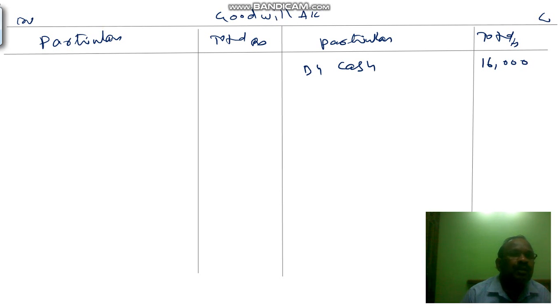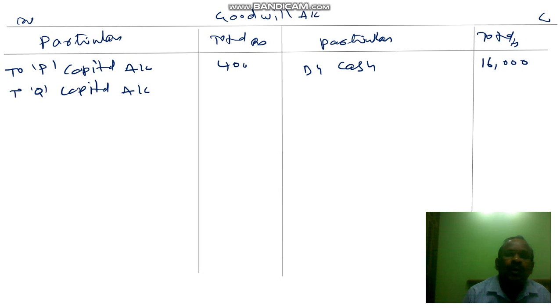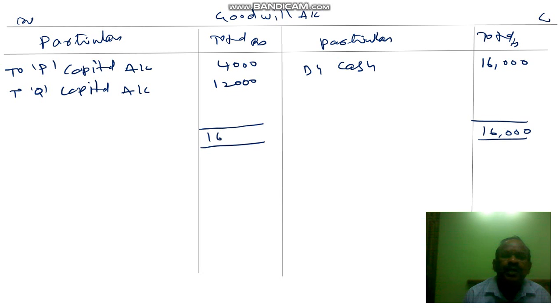So here that amount is distributed between the P and Q capital accounts. That is 4,000 and 12,000. So it is over. So here the goodwill account does not show any balance on either side. It means there is no goodwill, there is no need to enter it in the balance sheet.